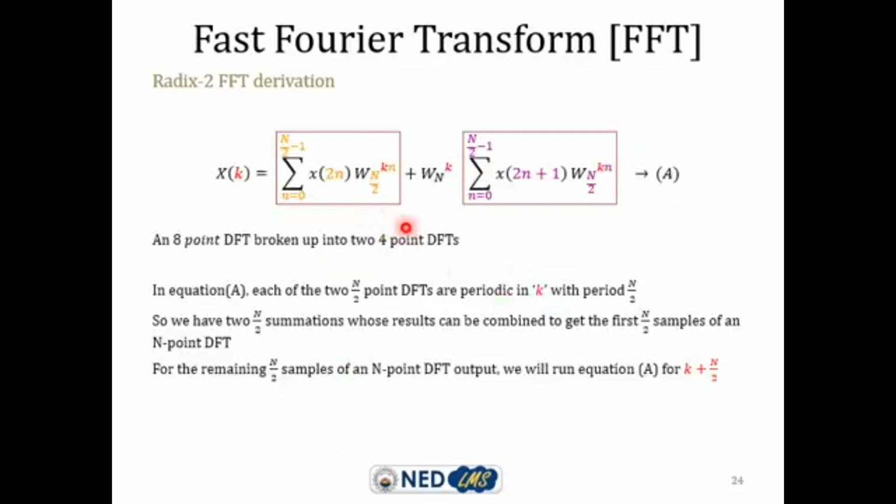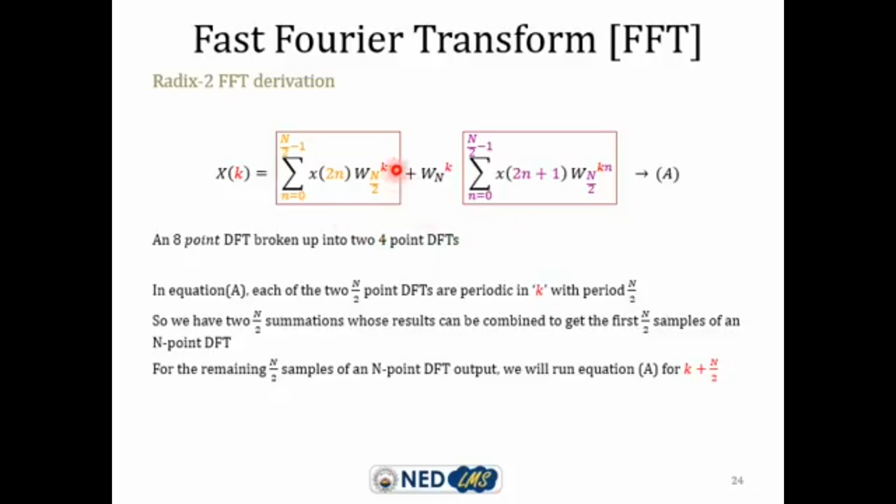So this is how we have divided an N point DFT into N by 2 point DFTs. If the value of N is 8, it means we have divided an 8 point DFT into two 4 point DFTs. The first 4 point DFT will produce 4 samples at its output. The second 4 point DFT will also produce 4 samples at its output.